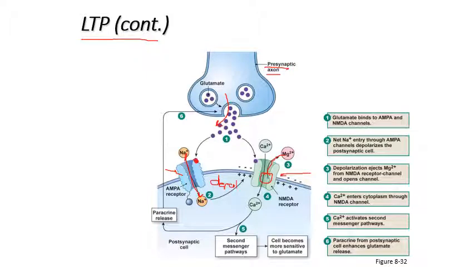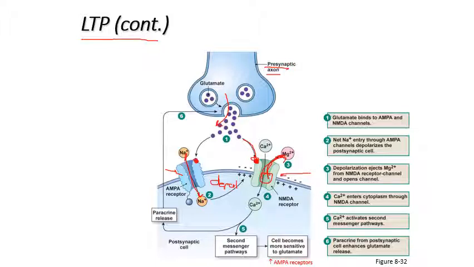Okay, if this NMDA receptor is bound by glutamate, and there is enough depolarization, the depolarization is going to eject this magnesium. So that's why we have to have both binding to open the channel, and we have to have depolarization to eject the magnesium.